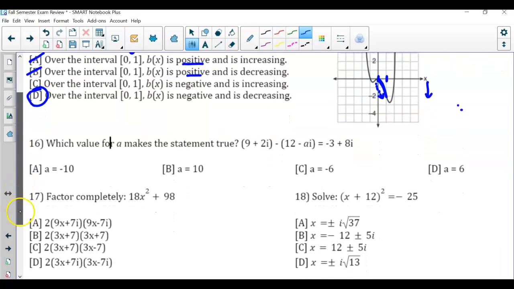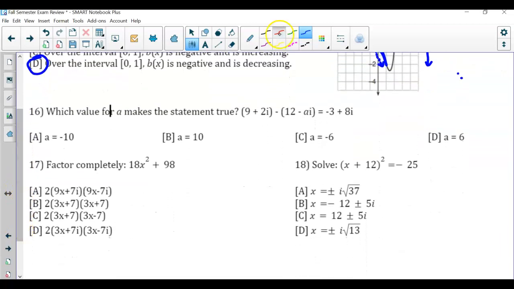Now, question 16 is a review on which value of A makes this statement true. I notice subtraction here, so I'm going to first distribute the negative, or -1. I bring down 9 plus 2i, but now minus 12 plus ai is equal to -3 plus 8i. If I'm looking for the value of A, notice A is imaginary, because this says plus ai.